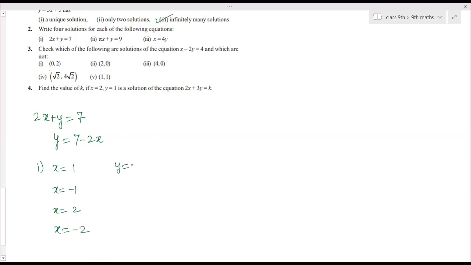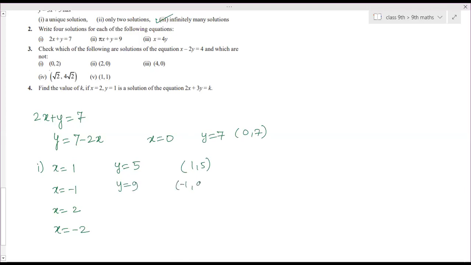Ma'am, I took x equals 0 in the first one. Okay, x is equal to 0. What is the value of y you got? y is equal to 7, so it is (0, 7). Then x is equal to 1, it's (1, 5). x is equal to -1, y equals 9, so it's (-1, 9).